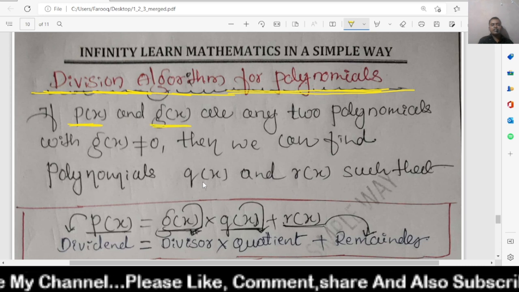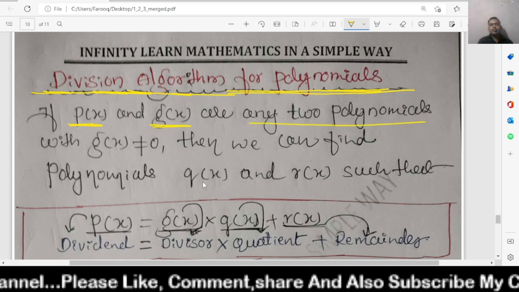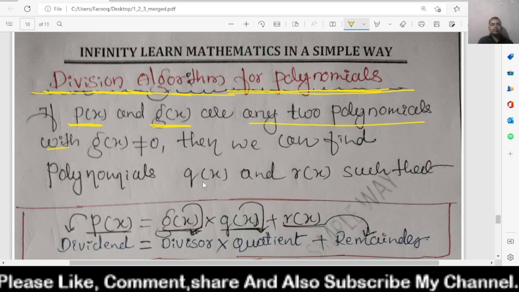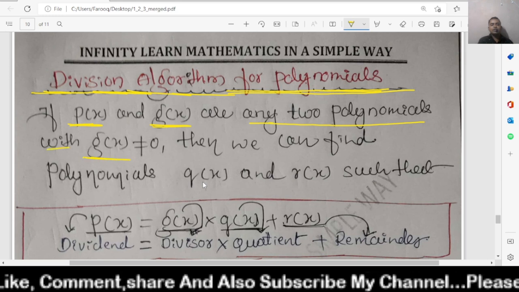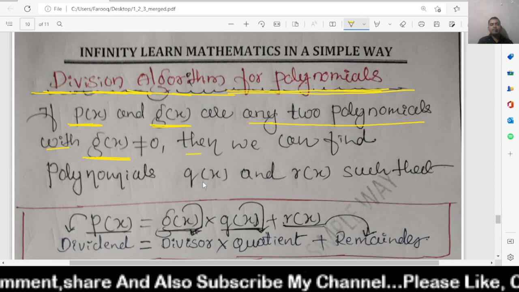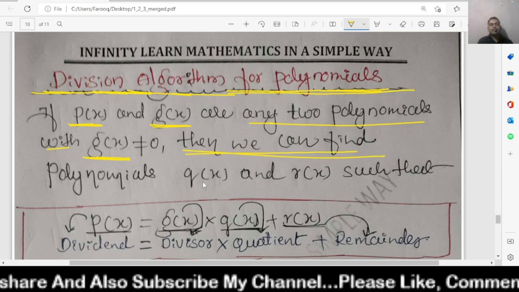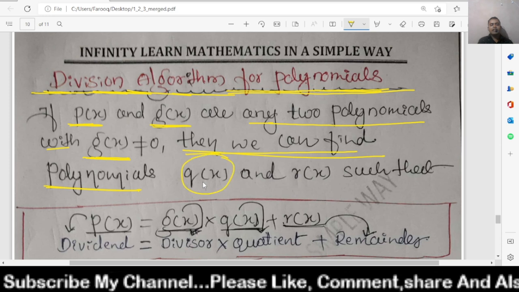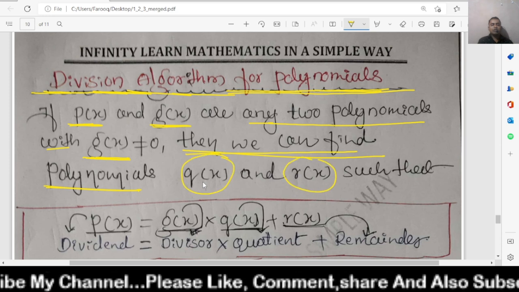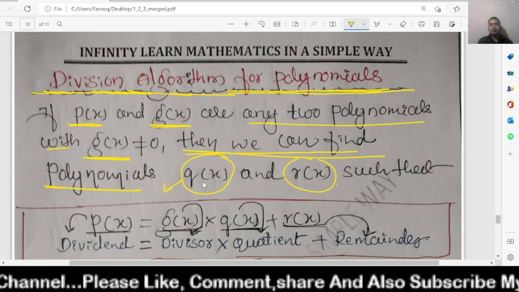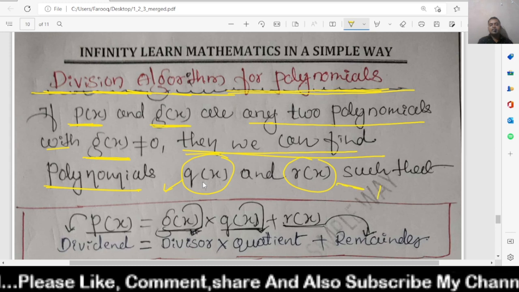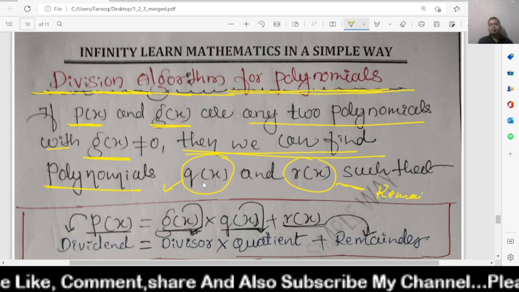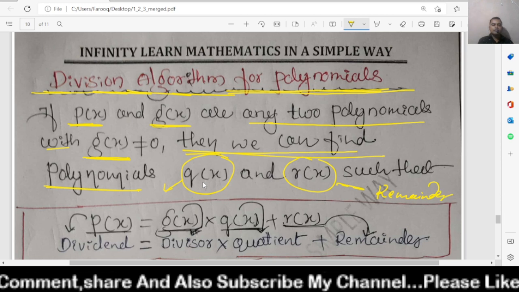If p of x and g of x are any two polynomials with g of x not equal to 0, then we can find polynomials q of x and r of x. This q of x is the quotient and r of x is the remainder.